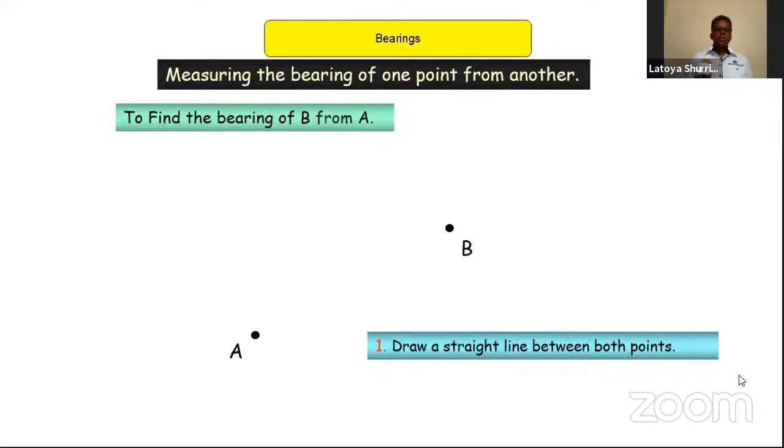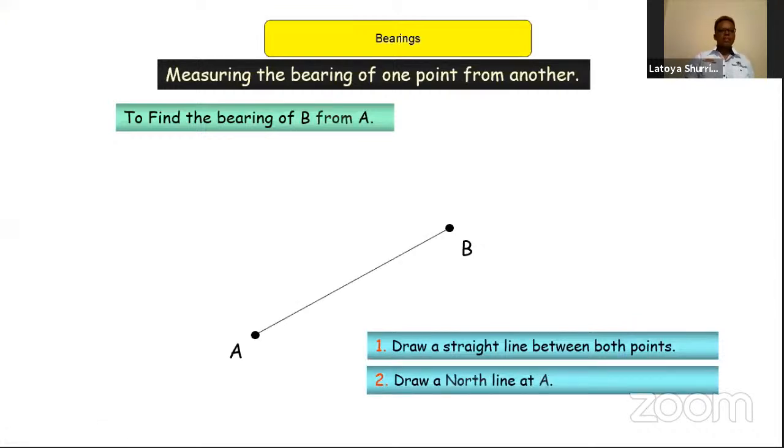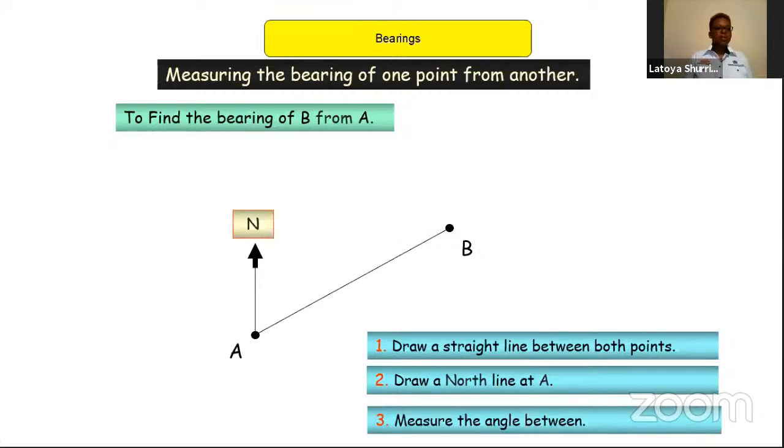So the first thing we do is draw a straight line segment between both points. There's a line segment. Now, because as you said, we're starting at A, we're going to draw a north line at A, because when we measure bearings, it is from north and we go in a clockwise direction. So we have to draw a north line at A, indicating a north direction there.